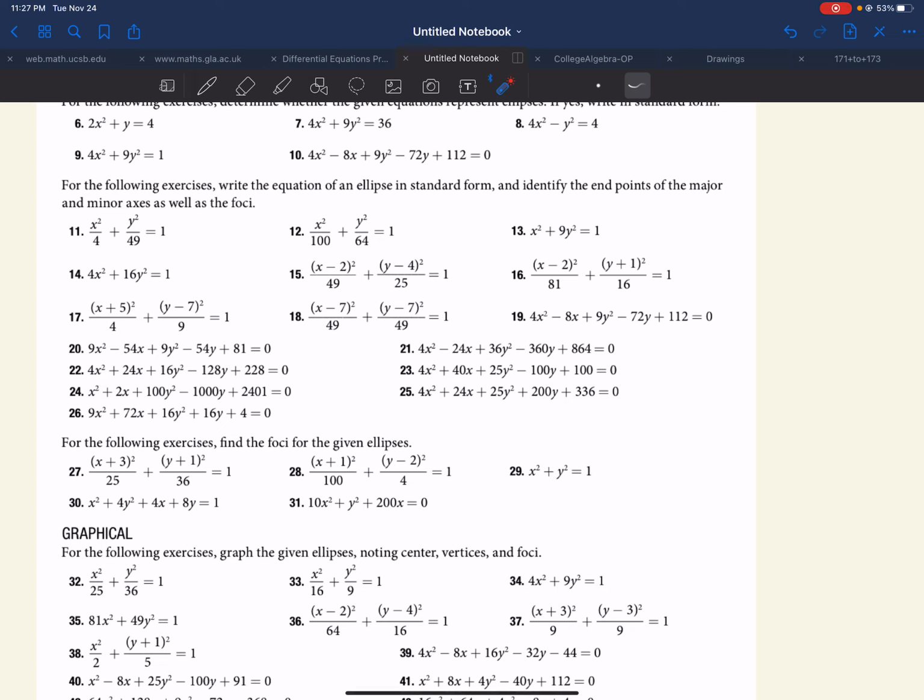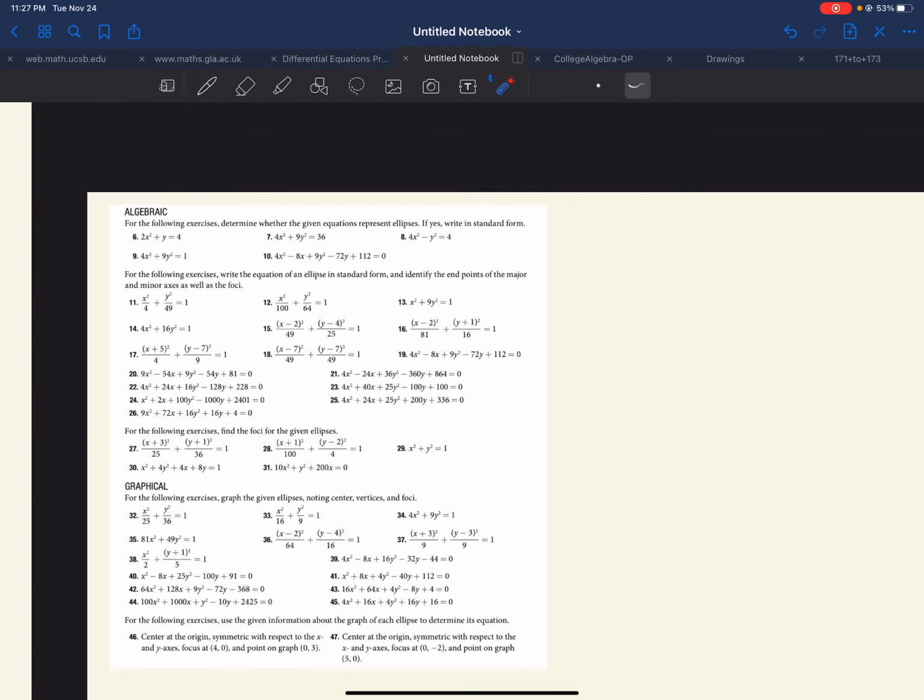The second section of problems say, for the following exercises, write the equation of an ellipse in standard form and identify the endpoints of the major and minor axes as well as the foci. So I'm just going to pick a few in here and we'll do them. The first one I'll do is problem 14. So let's see what 14 looks like.